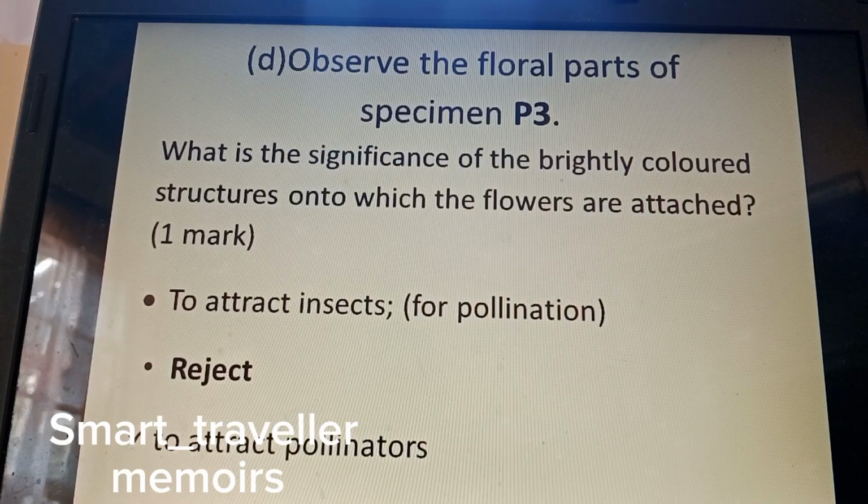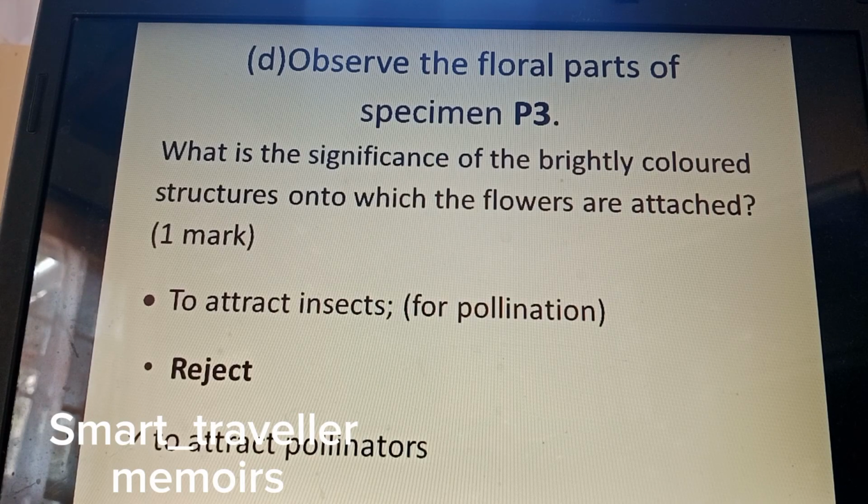D, observe the floral parts of specimen P3. What is the significance of the brightly colored structures onto which the flowers are attached? You get 1 mark, and you have the answer as to attract insects for pollination.